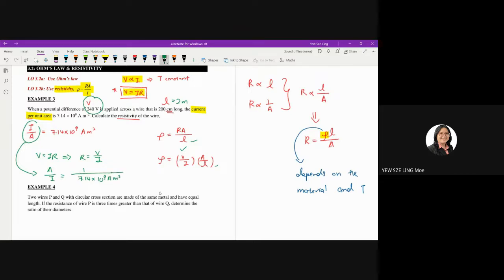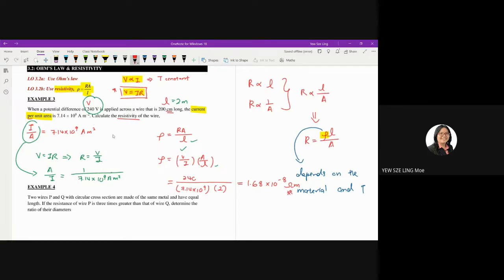So you plug this value into the equation and you will obtain: V is 240, multiplied by A over I, which is 1 over 7.14 times 10 to the power of 9, and then divided by L, given as 2 meter. Therefore, resistivity equals 1.68 times 10 to the power of negative 8 ohm meter. So this is your final answer.